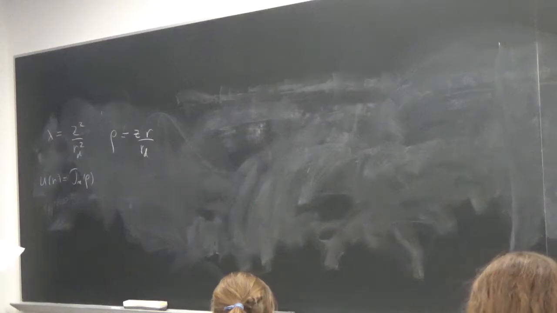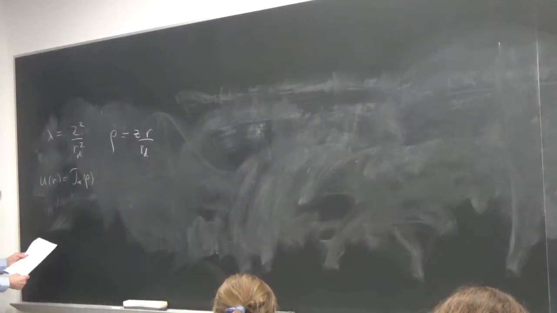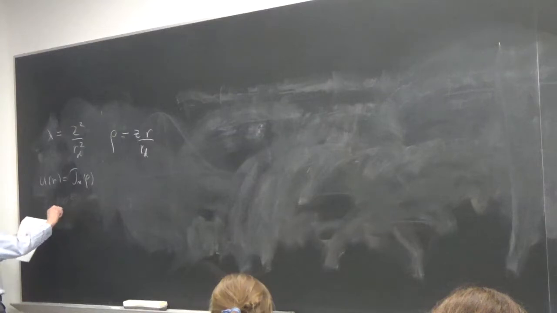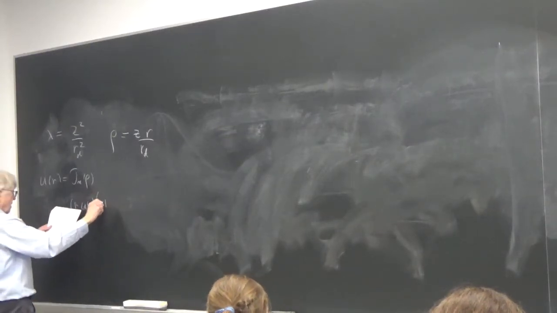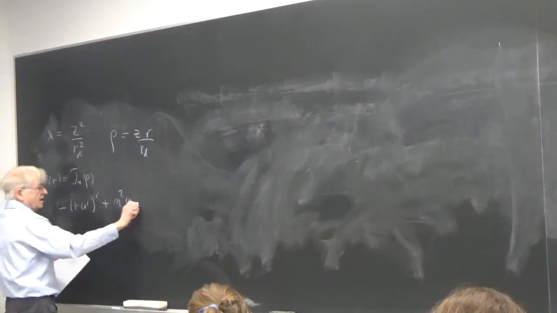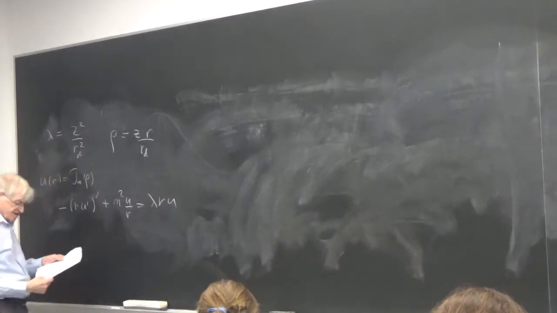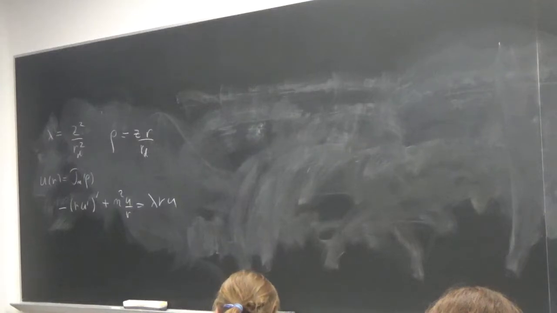And the equation that occurs in one of the problems is minus r u prime prime plus n squared u over r is lambda ru. And we want to see that this turns into Bessel's equation 10.29.